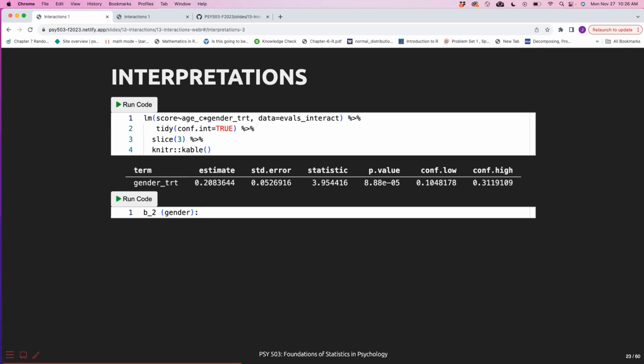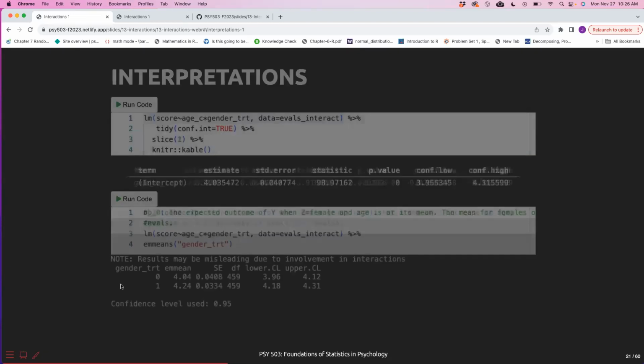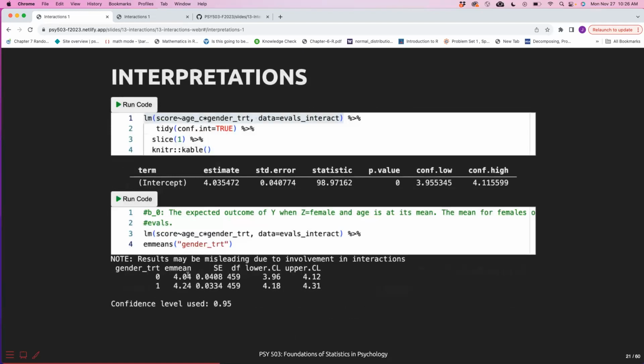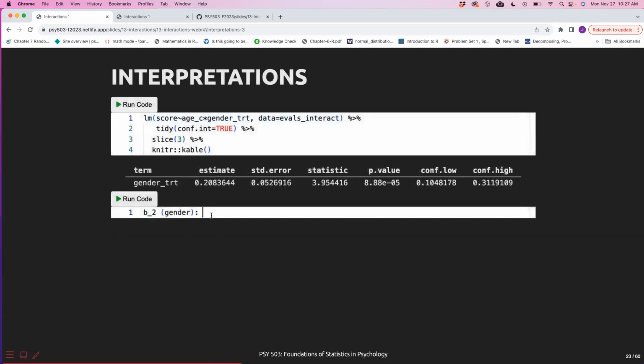I'll give you a hint. You can look at the means of the gender conditions, and that should give you a hint of what the estimate represents. Anyone? Is it like the effect of gender on the evals?